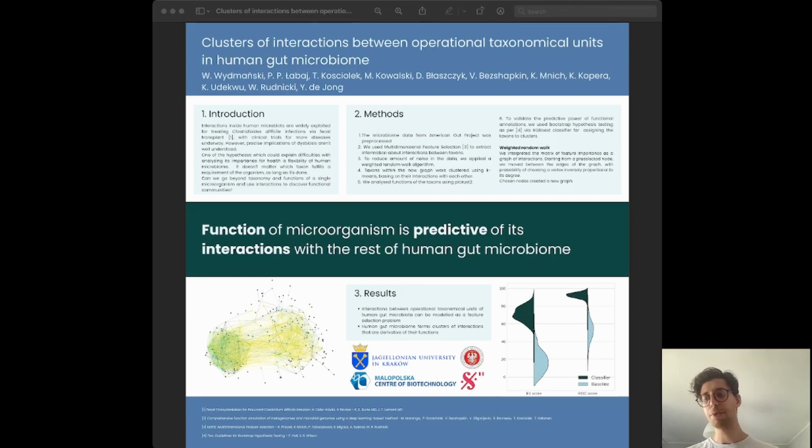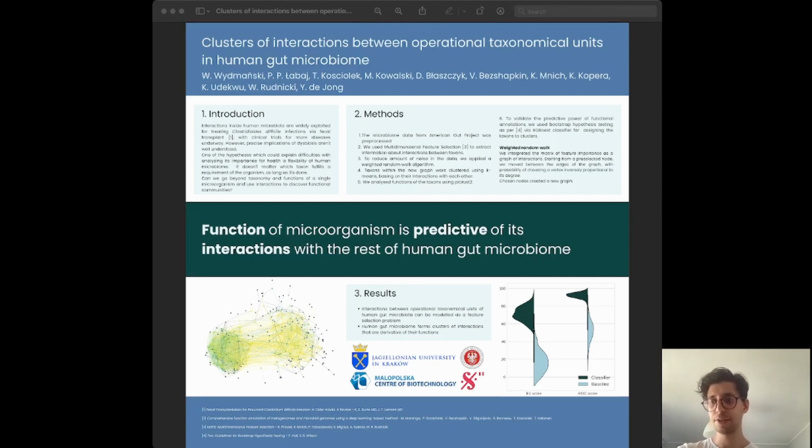Finally, to validate our hypothesis, we trained a set of XGBoost classifiers, thus proving that it is possible to use the functional annotations of the taxon to specify whether it will belong to a specific cluster of interactions, even though there is not much significant overlap between the functions of the organisms belonging either to the specific cluster or outside of it.